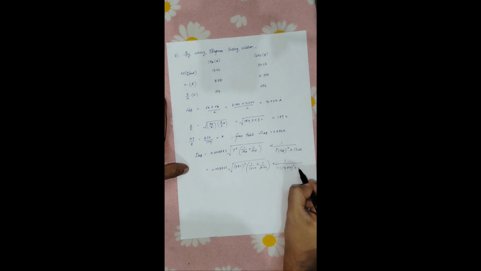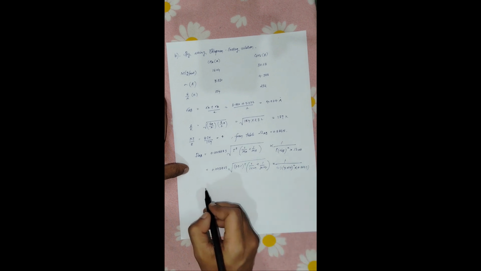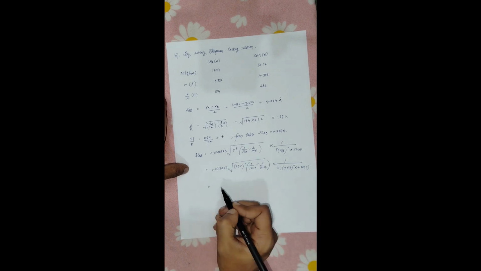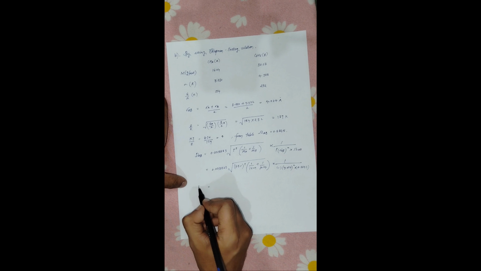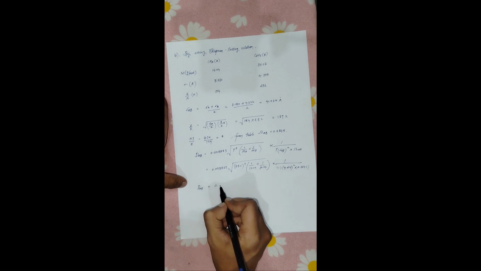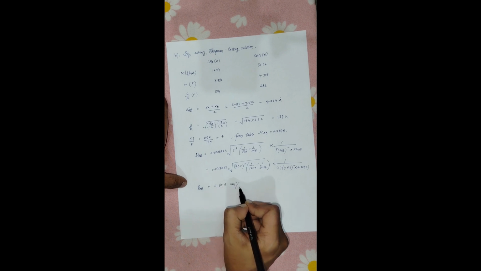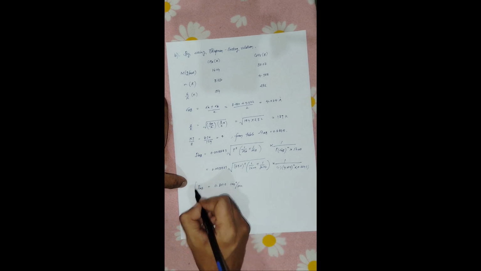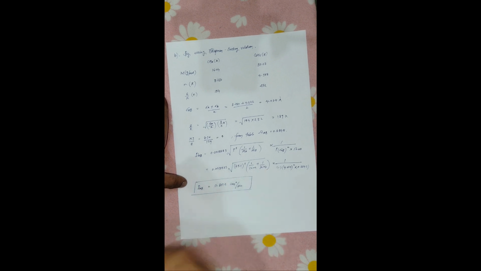Collision integral, which is 0.8845. After putting these values in the calculator, we'll get diffusivity for the system methane and ethane to be 0.8095 centimeter square per second. So we have successfully calculated, estimated the diffusivity value for the system.